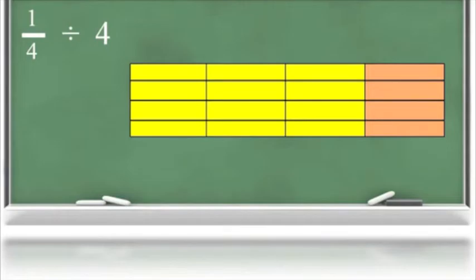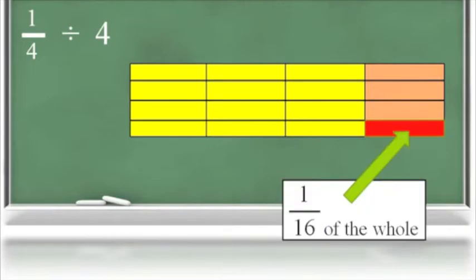Relating this back to the whole pint, each of the 4 people would get 1/16 of a pint. Students should see that though this problem uses the same numbers as the previous situation, the division of a fraction by a whole number gives us an amount that is less than what we started with, because we are splitting a piece of a whole into smaller equal groups.